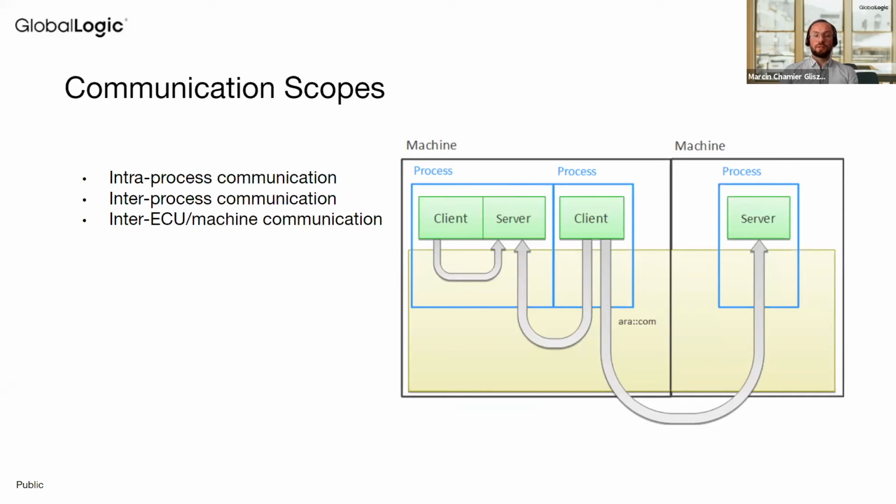We can communicate inside our process or application using AUTOSAR Adaptive, we can communicate with other applications in our ECU environment using AUTOSAR Adaptive, and as well, through ara::com, we can communicate with external machines. External machines can be other ECUs in our car or some systems outside the car if we are connected to the network.